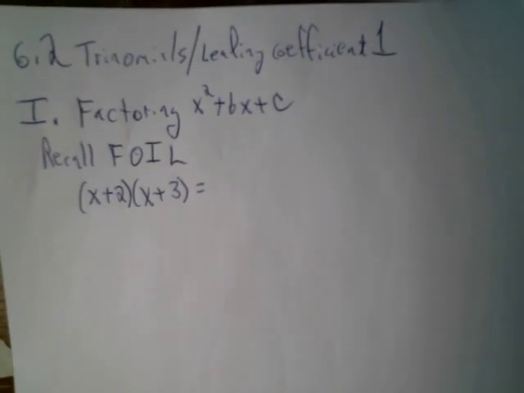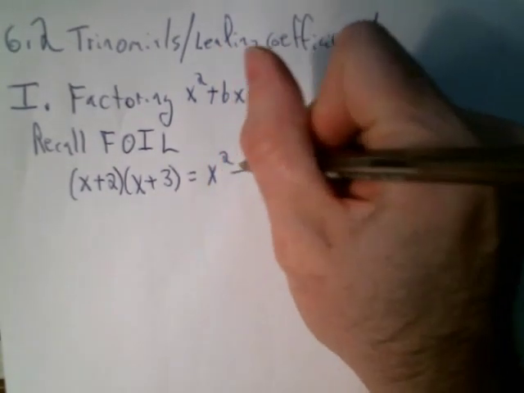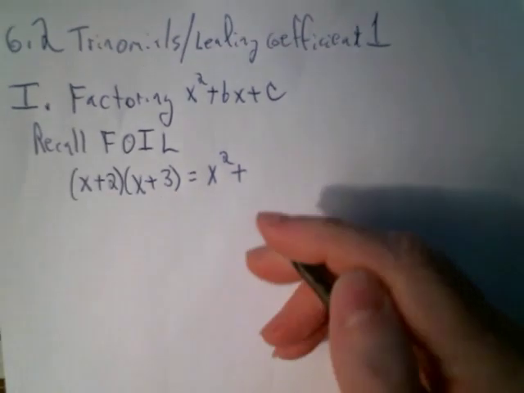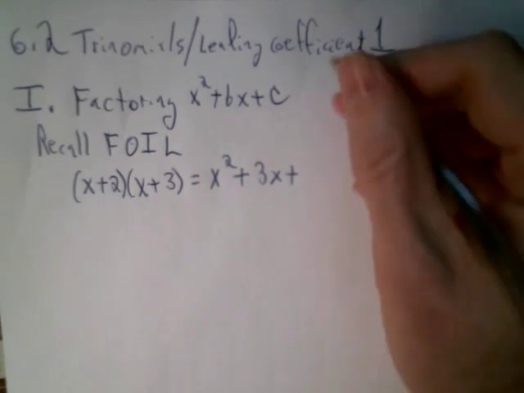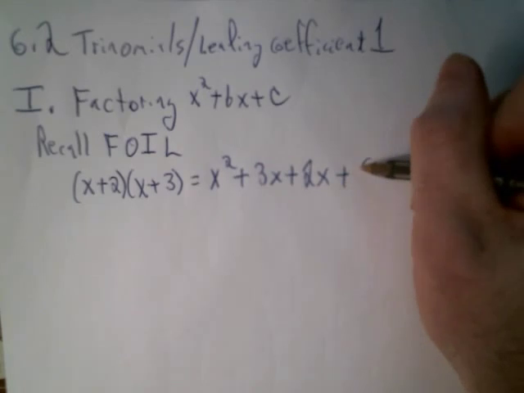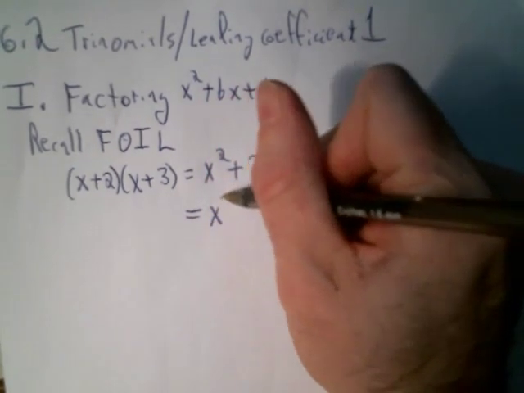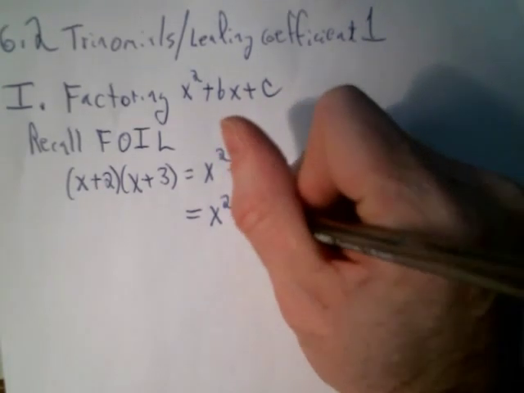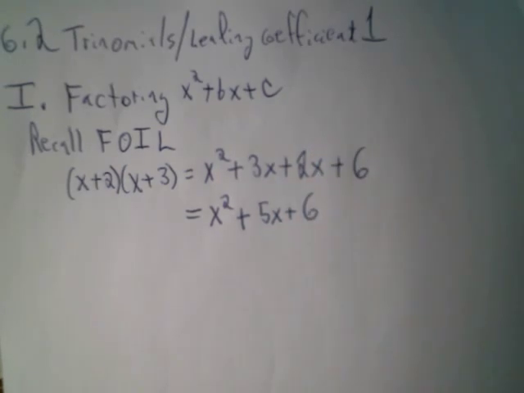To multiply those out, you go first, outer, inner, last. x times x is x squared, plus the outer, x times 3, is 3x, plus the inner, 2 times x, is 2x, plus the last, 2 times 3, is 6. Combine the middle two terms, and we get our simplified form, x squared plus 5x plus 6.